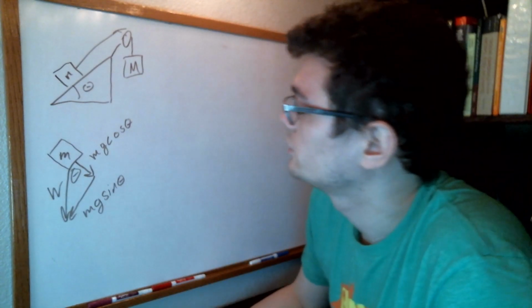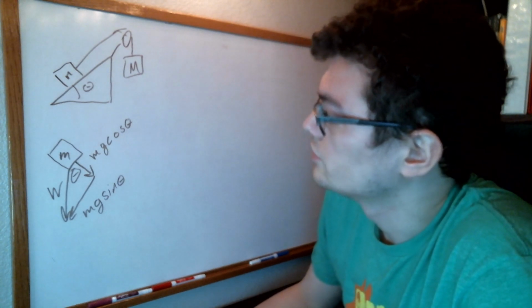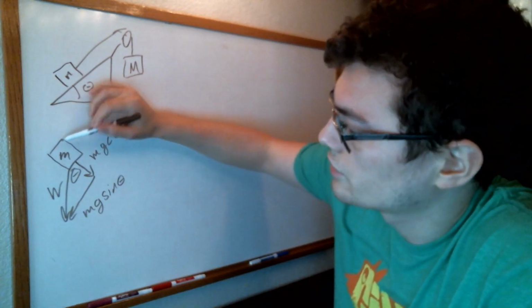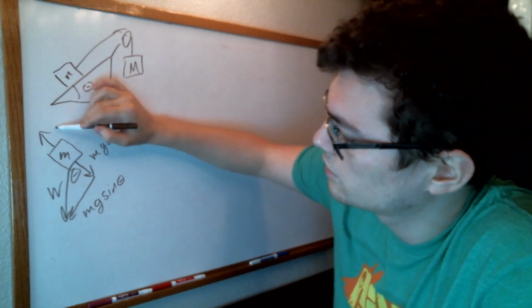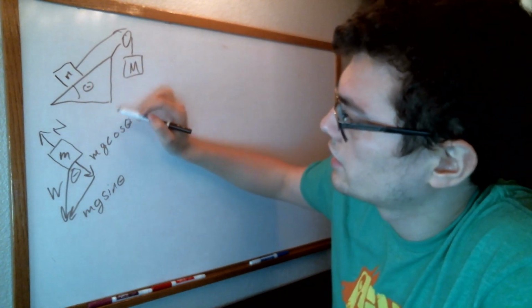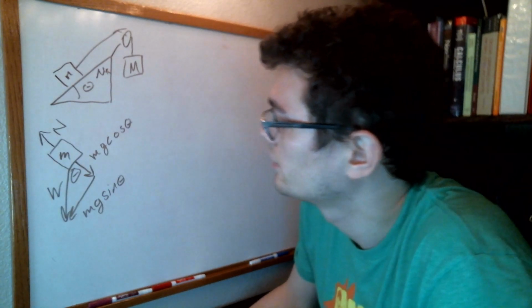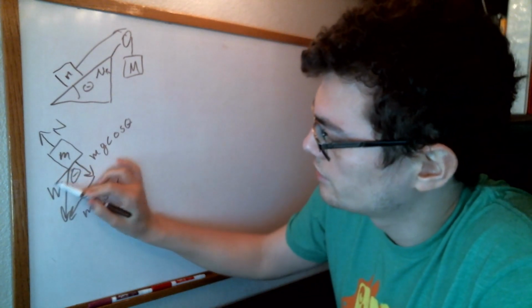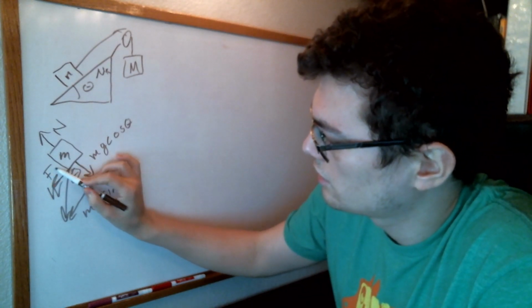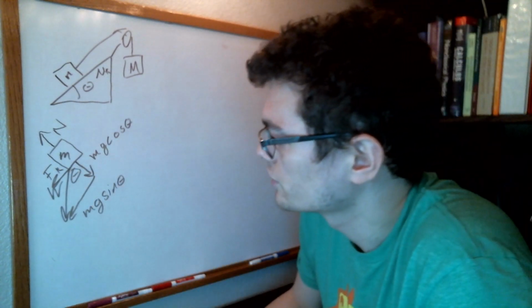So next up, we can go ahead and draw the normal force, and we also have to have a coefficient of friction on the ramp, and so then there's going to be a kinetic friction force here.